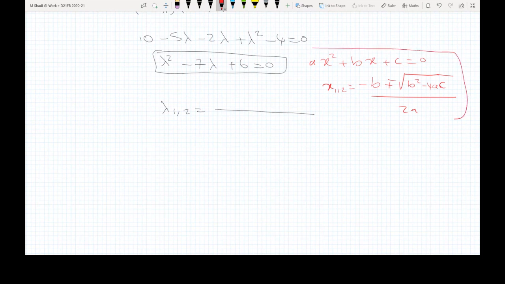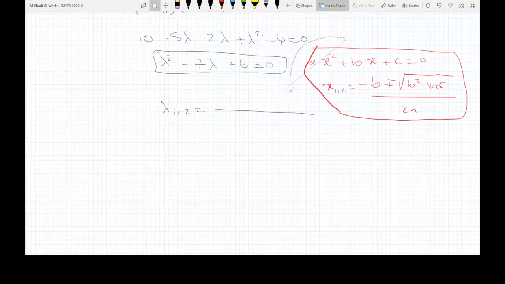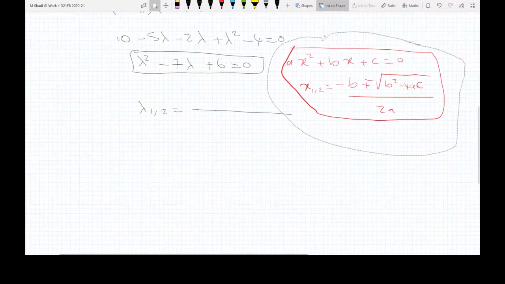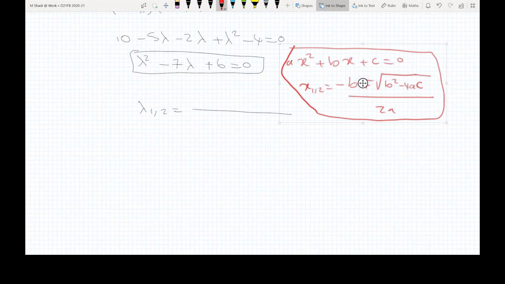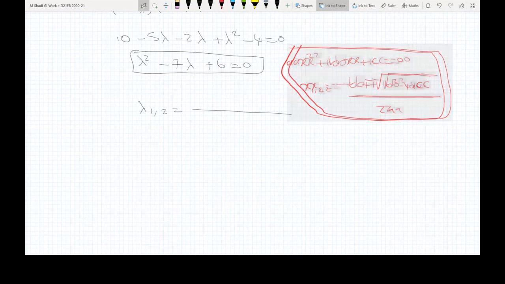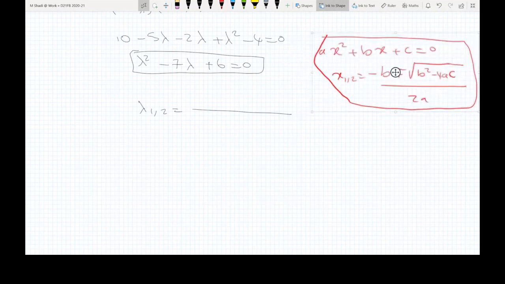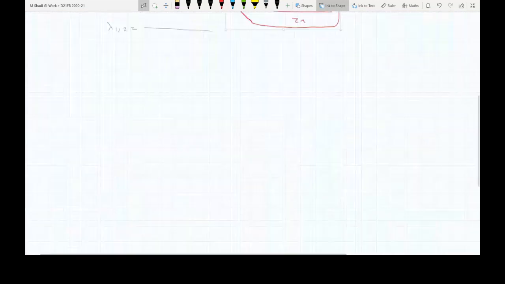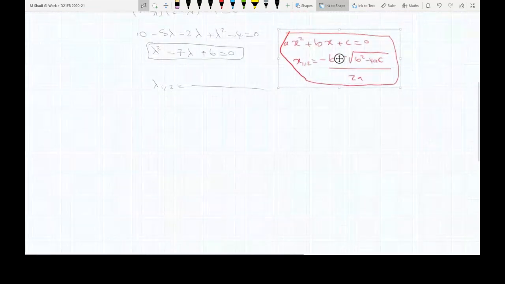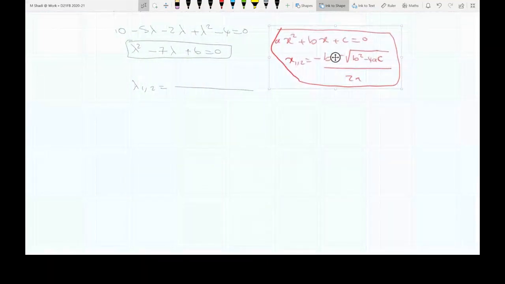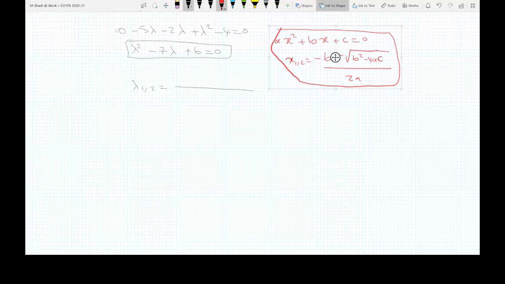So this is the solution of a quadratic equation.